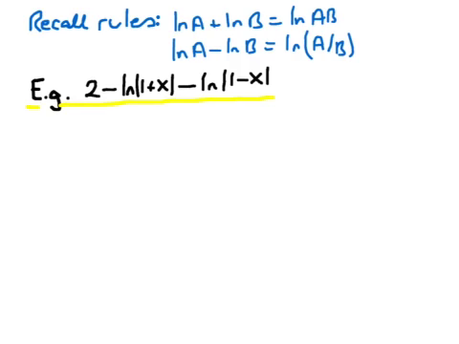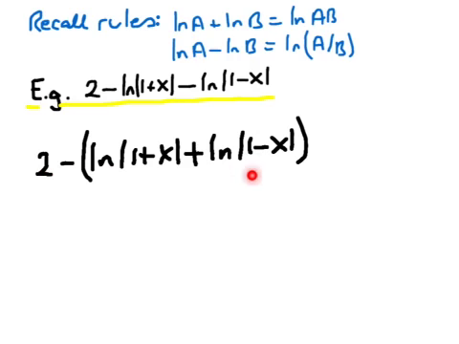And if we look at this, we see that we're subtracting this logarithm from here, so one might think that one should use this rule here. But what we need to realize is that there's actually a minus sign in front of this one as well. So what we really have is 2 minus the logarithm of the modulus of 1 plus x, and I'm going to open the brackets here, and I'm going to add, therefore, the logarithm of the modulus of 1 minus x. And this is exactly what we've written here, and this use of brackets makes it absolutely clear that really these logarithms are adding together.